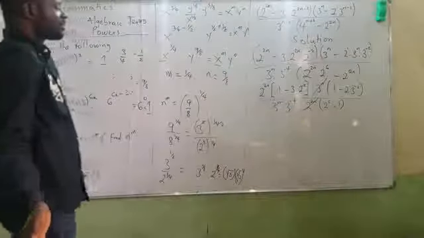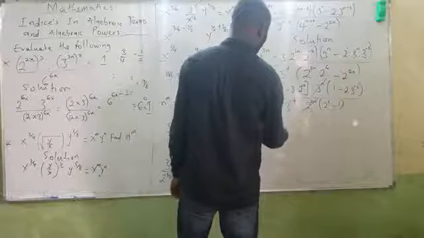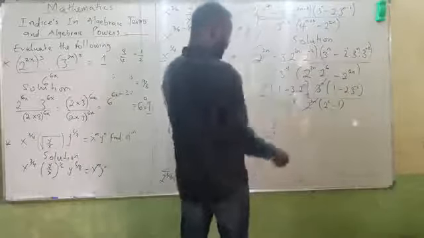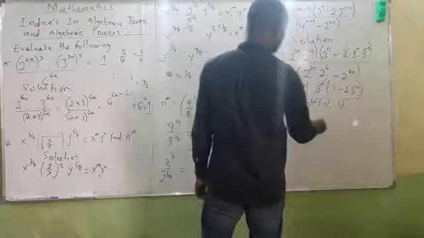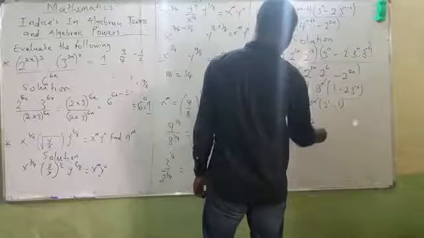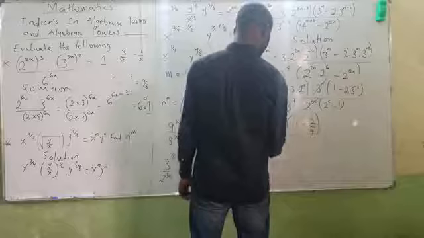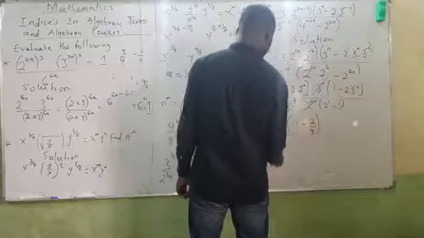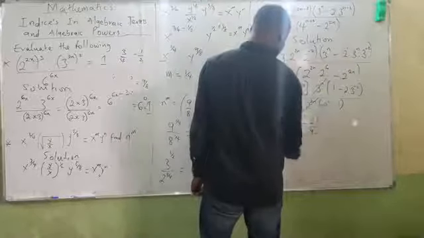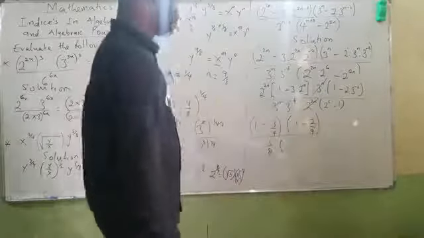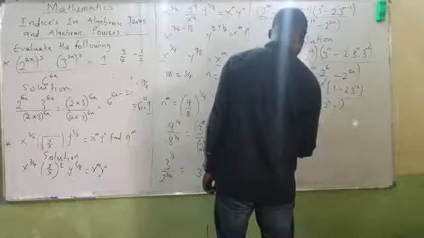By so doing that, I've solved my problem by saying that 1 minus 3 all over 4, and this also will be 1 minus 2 all over 9, divided by 1 all over 81 and 2 raised to power 6 minus 1, which is 64 minus 1, that will be 63.